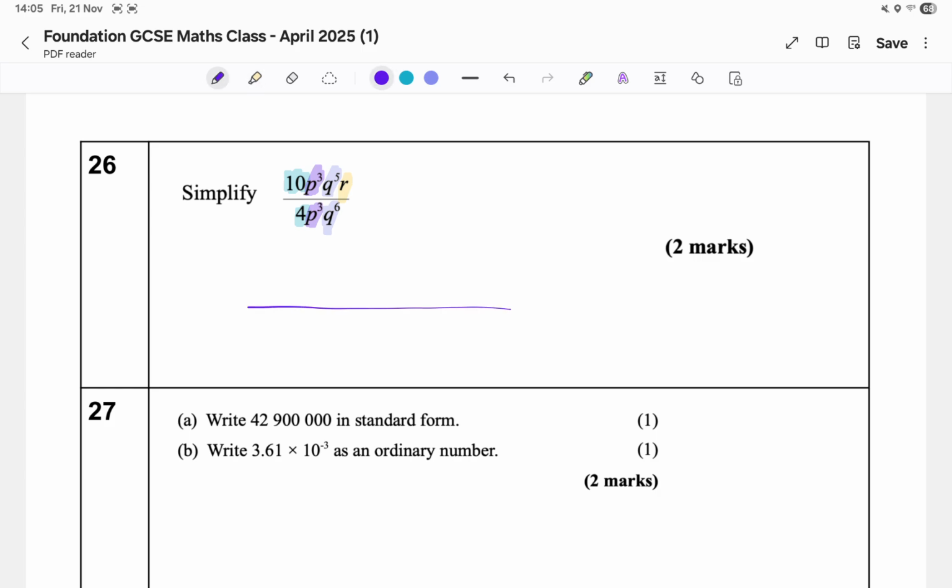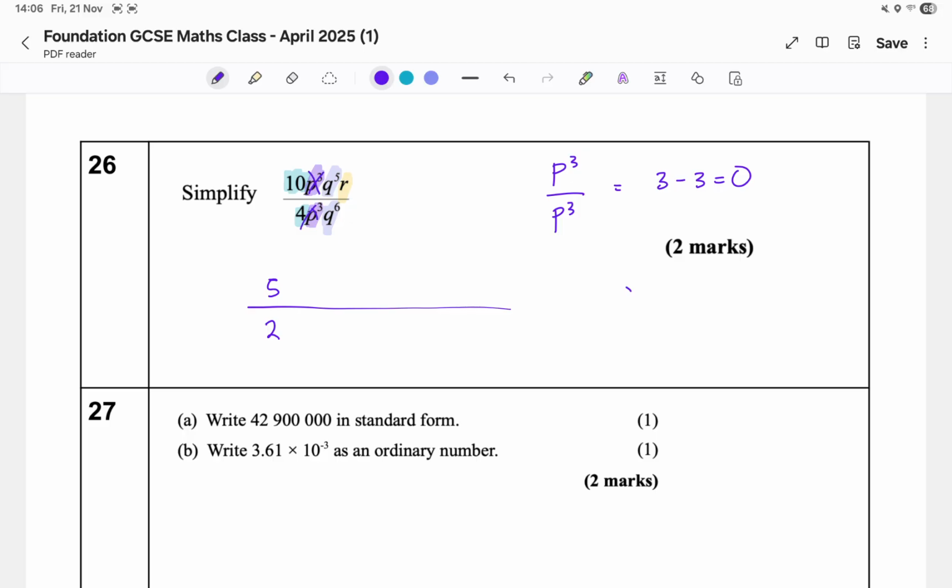10 divided by 4 simplifies to 5 divided by 2. When you're dividing, you minus the powers. P to the power of 3 divided by p to the power of 3, you take away the powers. So 3 take away 3 is 0. So we're left with nothing. They cancel out.